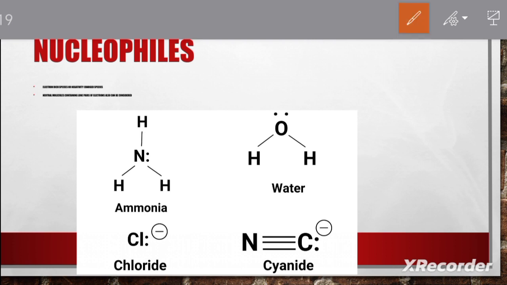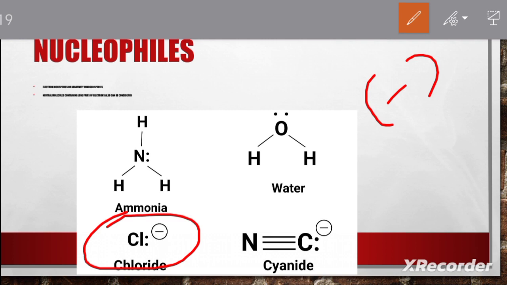If we take Cl minus as an example, it has filled orbitals and more electrons. It is rich in electrons. Such species which are rich in electrons are known as nucleophiles. That means negatively charged species are rich in electrons. Negative charge means electrons, no?